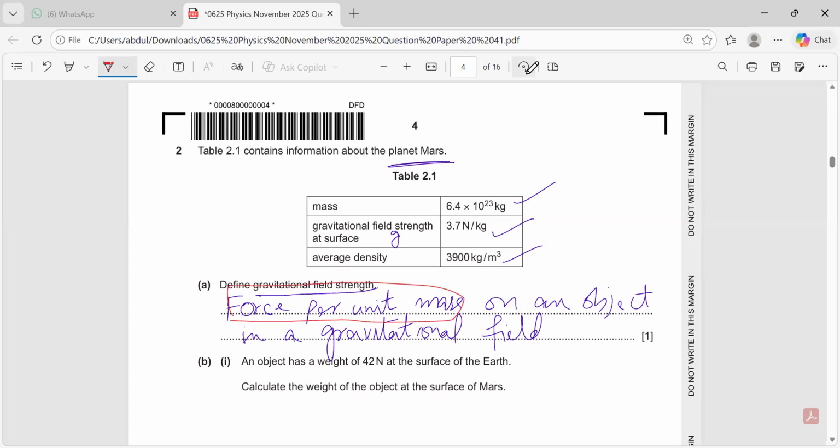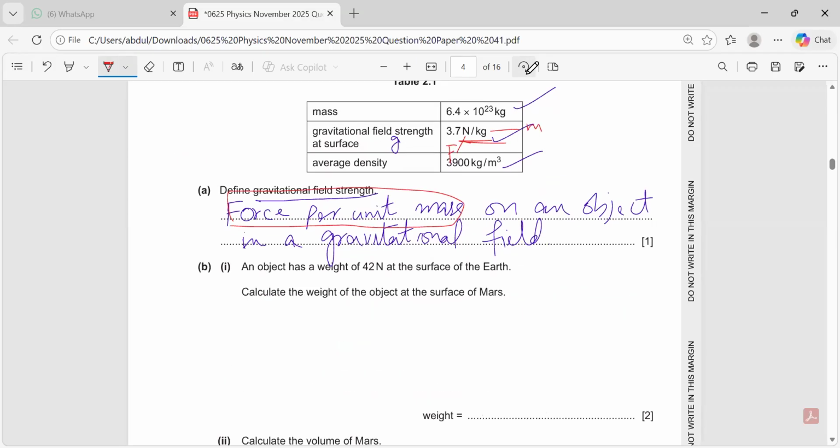Just a little bit of explanation. Newton per kilogram. Newton is force, and kilogram is mass. So force per unit mass on an object which is in a gravitational field. Now this is so simple. An object has a weight of 42 Newton on the surface of Earth.